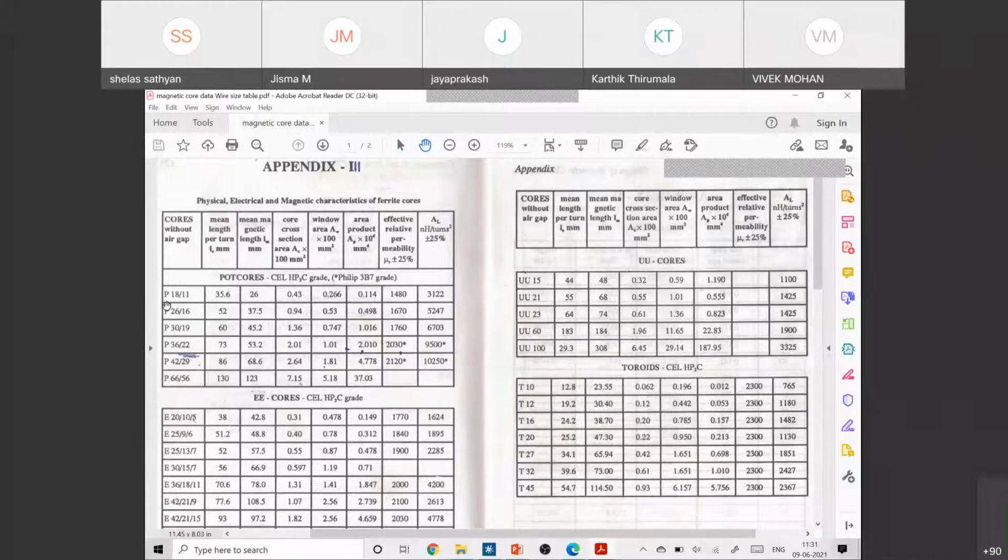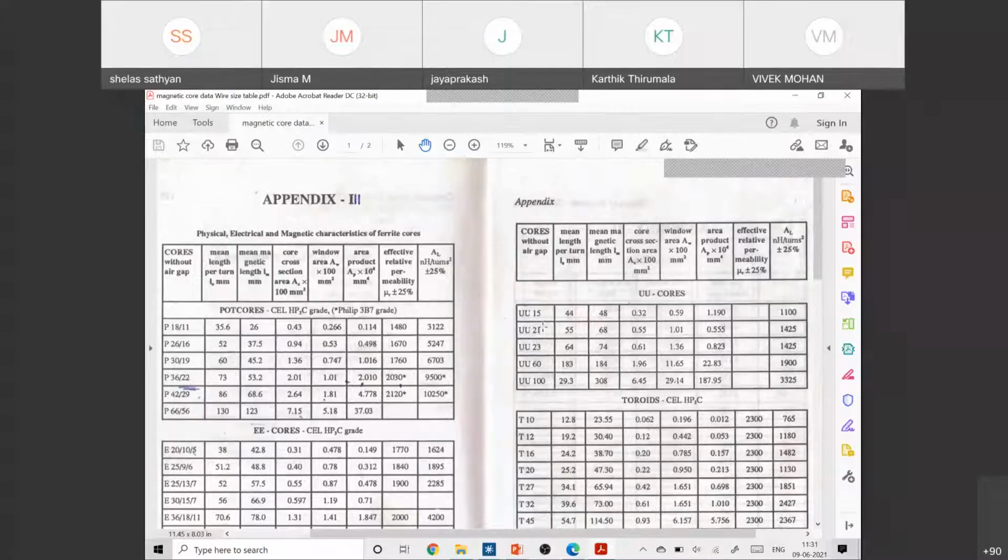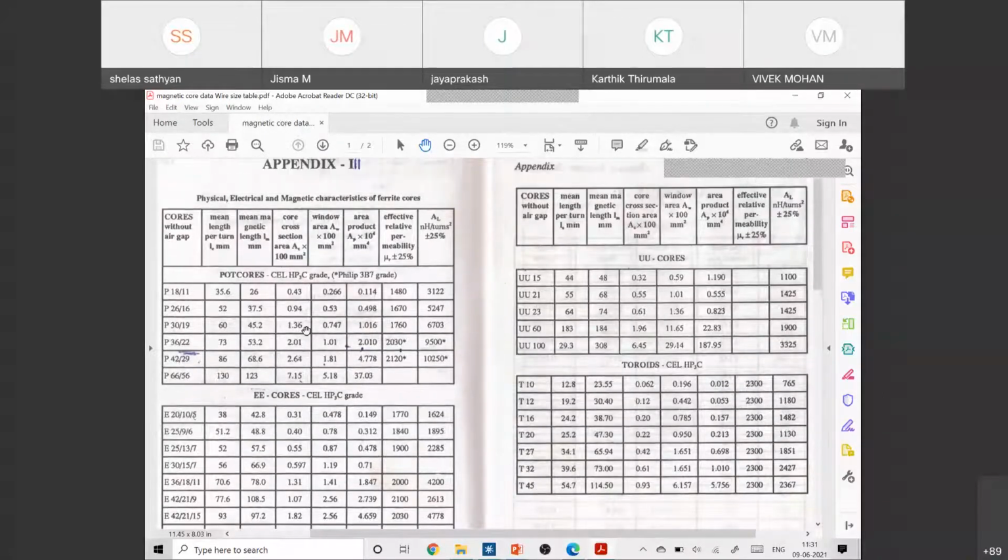P stands for the pot core, E stands for the E core, U stands for the U core or C core, T stands for the toroidal core, and you can see the mean magnetic length, core cross-sectional area, window area, area product, etc. What we require is to find out the area product of the core, and we should see which core or which part number meets our area product requirement. Once you select the core based on the area product, then we could easily find out the other parameters for our design.